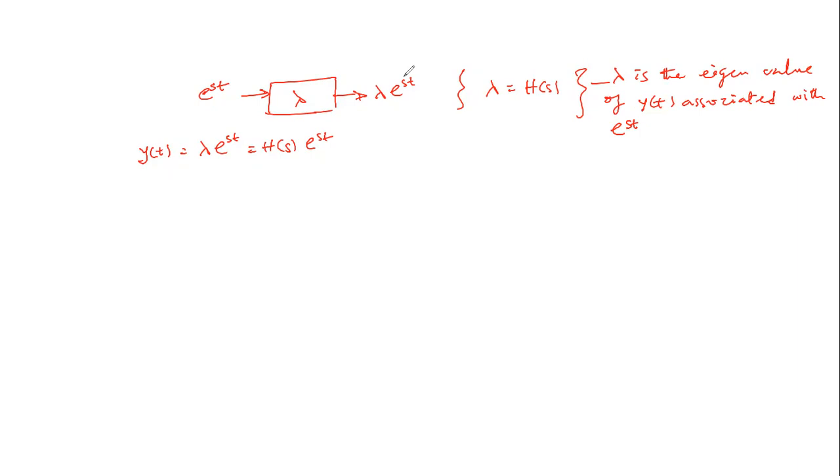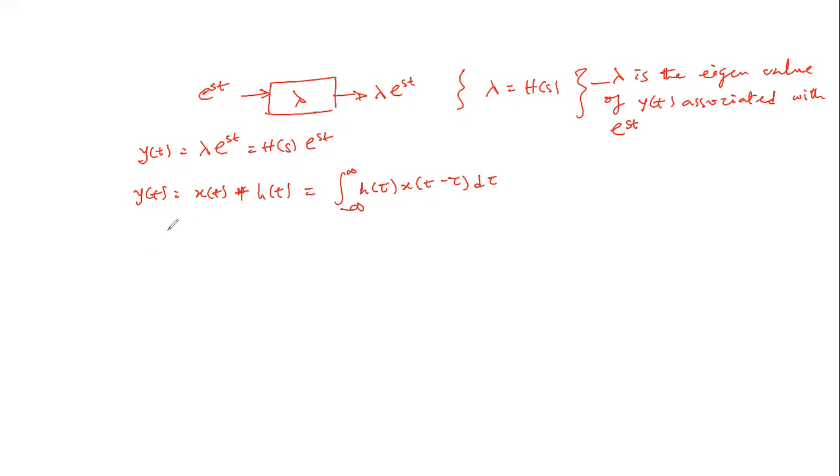So you will recall that the output, y of t, is represented by the convolution of the input s of t and the impulse response, h of t. That is, y of t is the same as s of t convolved with h of t. And this is the same as the integral from negative infinity to positive infinity of h of tau s of t minus tau, d tau.